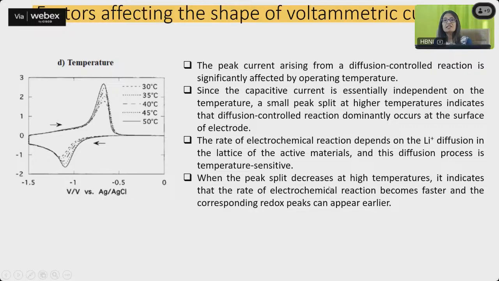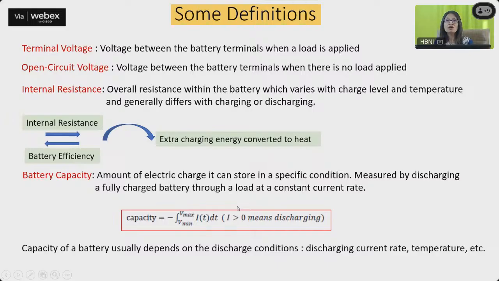When the peak split decreases at high temperature, it indicates that the rate of electrochemical reaction becomes faster, and the corresponding redox peaks are also appearing earlier. So over here you see that there is a shift in this peak, whereas over here the peak is shifting over here. So this is how temperature is affecting your voltammetric CV curves.